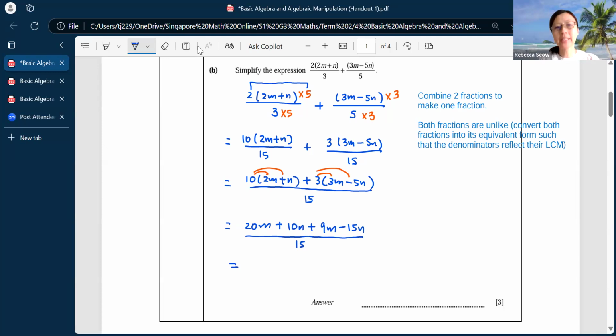Okay, now following that, for the numerator, we can rearrange the terms. Let's put the m terms together first, followed by the n terms. And we simplify each variable.